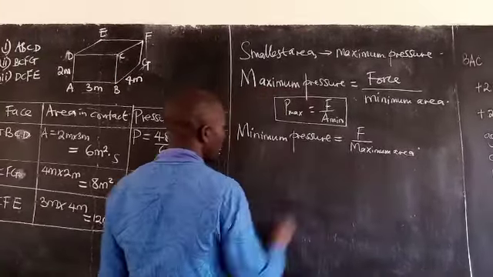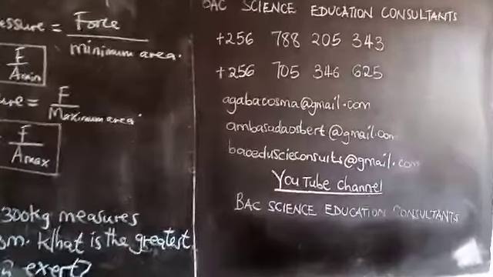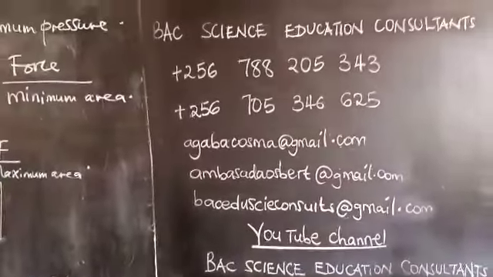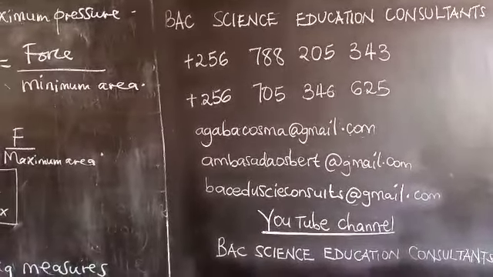What is the greatest pressure it can exert? We shall be waiting for your responses. After doing this work, feel free to send it on any of those contacts. We shall get back to you. We shall help you get more.